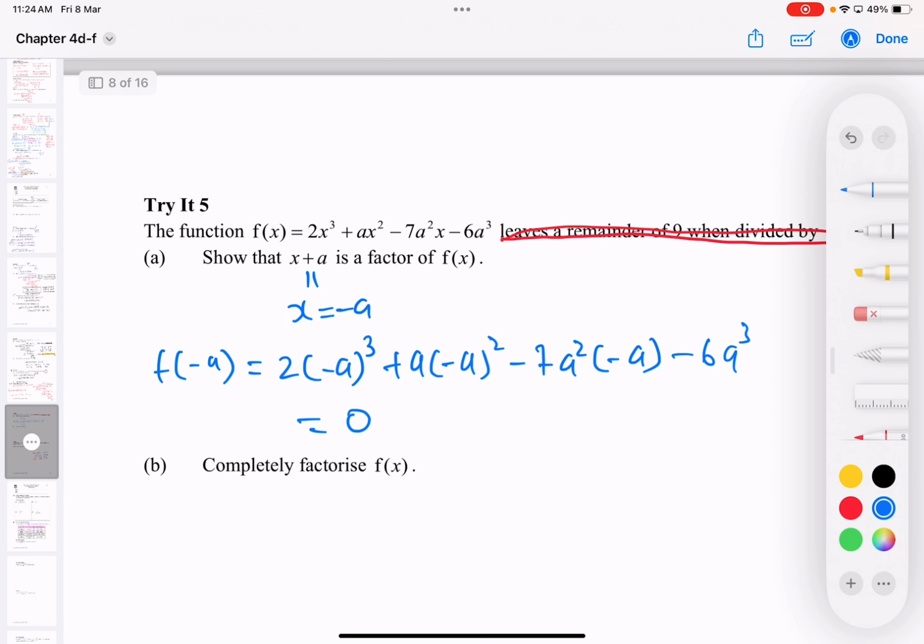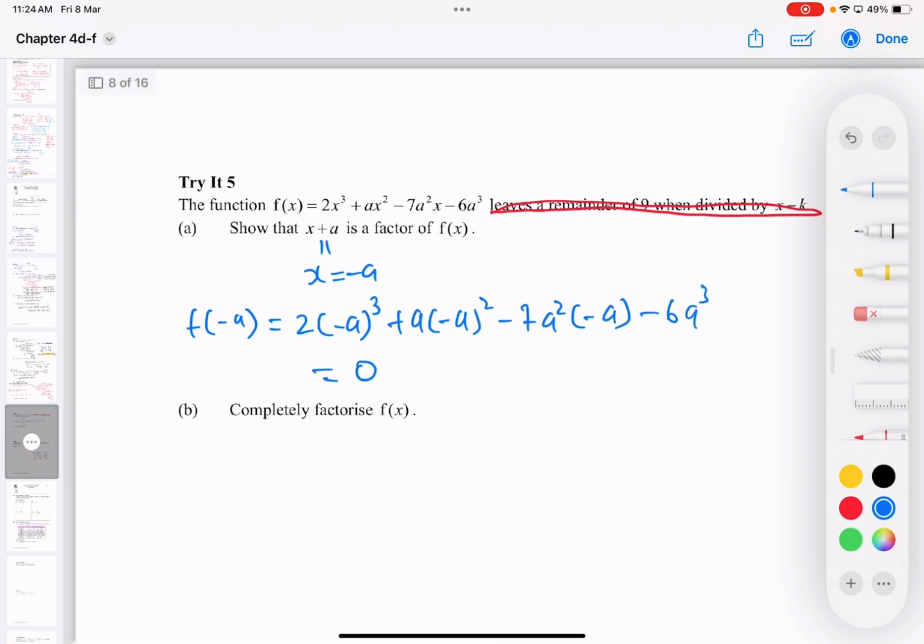This will give me 0. So if it gives me 0, basically I have shown it by the factor theorem. If the remainder is 0, when I substitute in the divisor to make it 0, then therefore it is a factor.